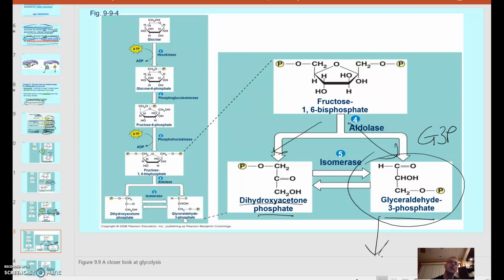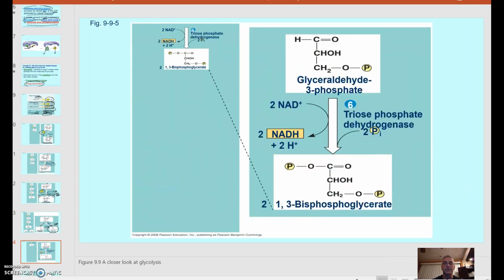When the dihydroxyacetone phosphate is made, it must go through this reaction where it converts into G3P. As soon as it becomes G3P, it continues on with the reaction. So the idea is this is a reversible reaction that never really reaches equilibrium, because as soon as it gets to G3P, it continues on to the payoff stage.